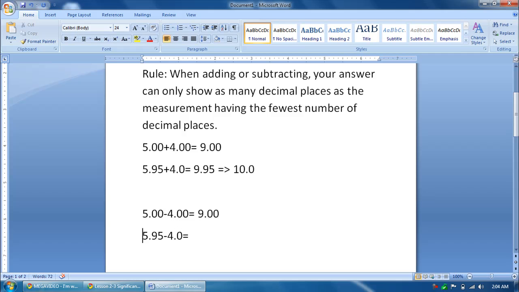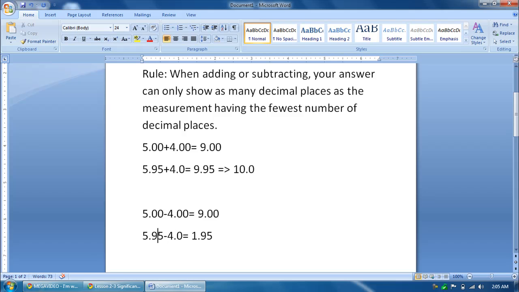Then you have 5.95 minus 4.0. Let's do the math first. You have 1.95, and refer back to the rule. Your answer can only show as many decimal places as the measurement having the fewest number of decimal places.